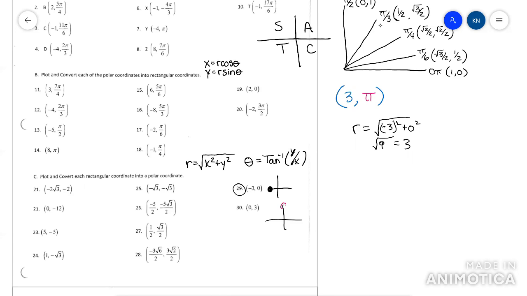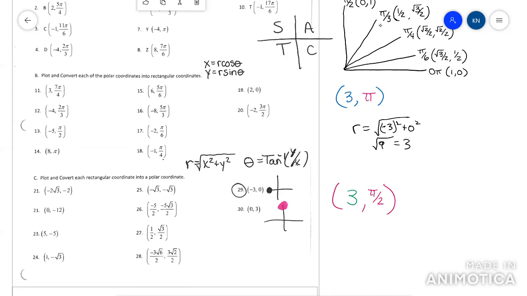I can instantly tell you that since it's here on this quadrantal, my theta is going to be pi over 2. And then I just really need to go find the r, which would be 0 squared plus 3 squared under a root, which would be 3. So that's how you handle the quadrantals. Don't let them confuse you. They're super easy. Just tell me where this angle is, you know?